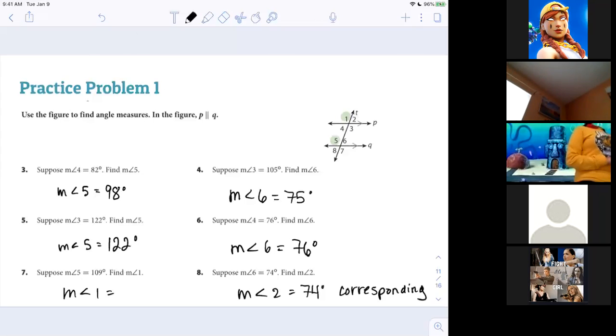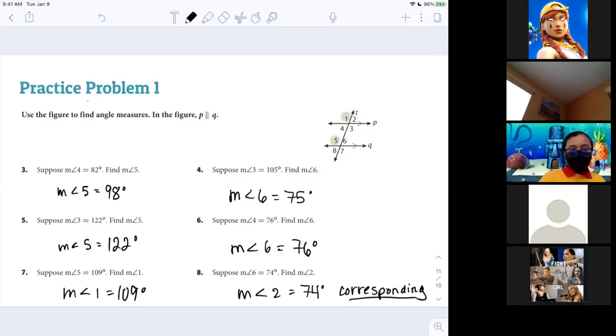What's angle 1 going to be? Good. Also 109, because they are also corresponding angles. So they match up. So that's why they're equal to each other.